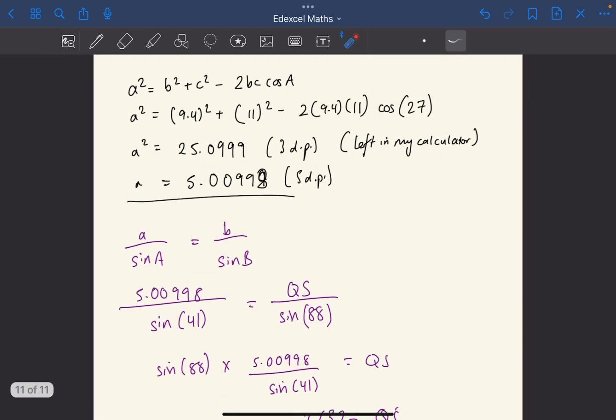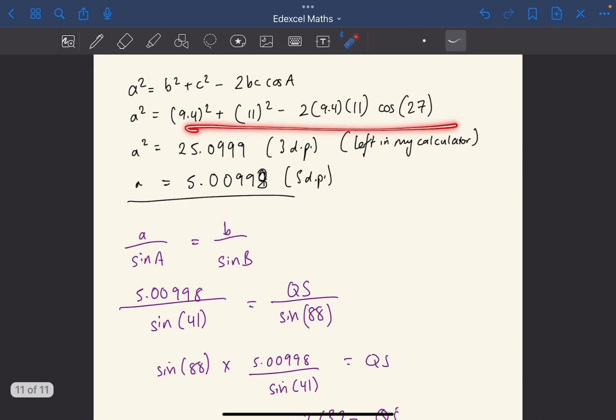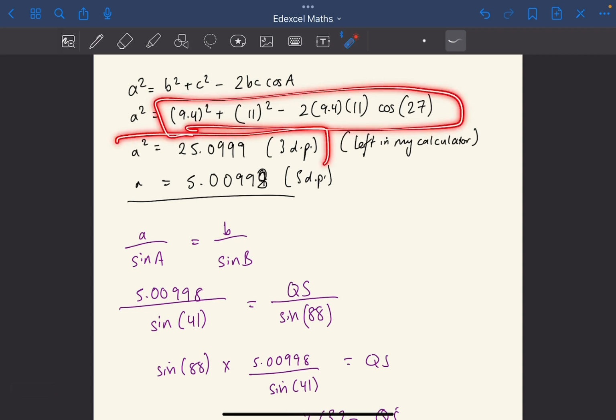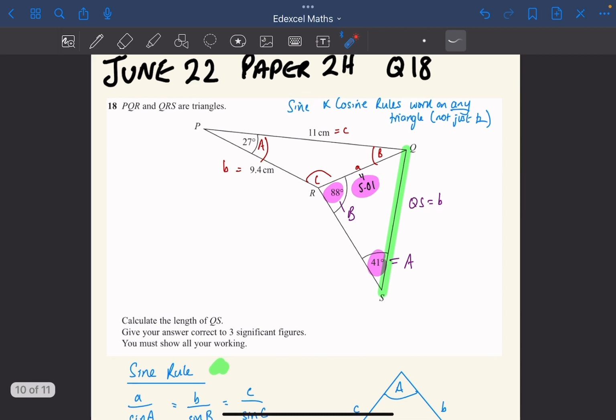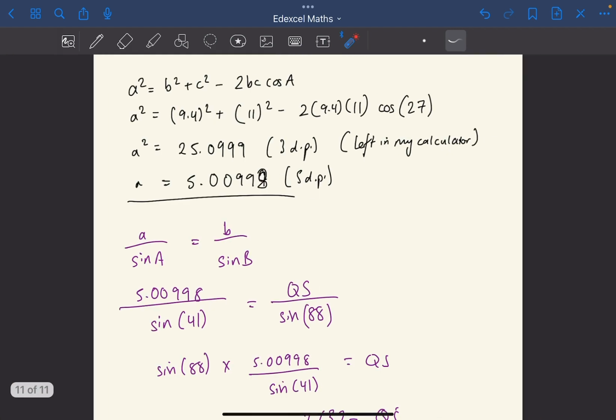Cosine rule says A squared equals B squared plus C squared minus 2BC cos A. We've subbed in all the values, so B is 9.4, C is 11, A is 27. When you sub all of that in, you get A squared is equal to that, so A is equal to this. So now we know A. This is our A now in this triangle, so A is equal to 5.01, we found that here.